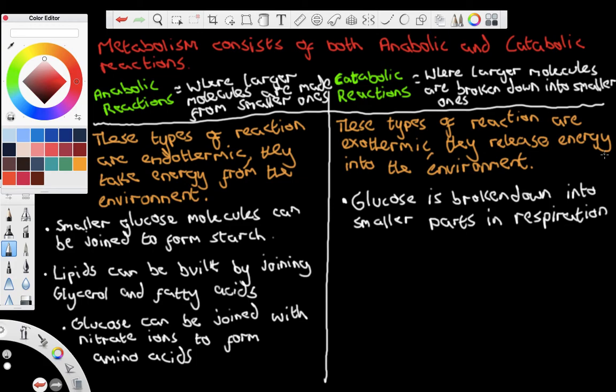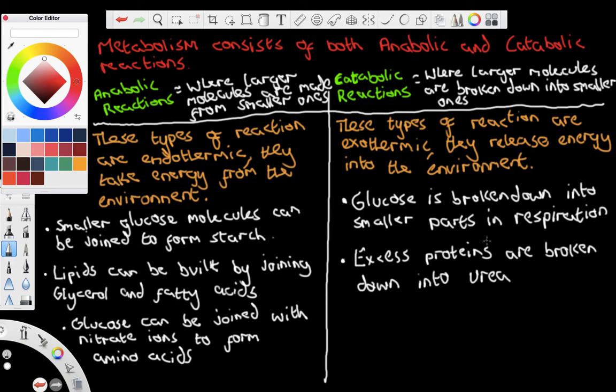And excess proteins are broken down into urea, which we'll talk about in year 11, in the liver.